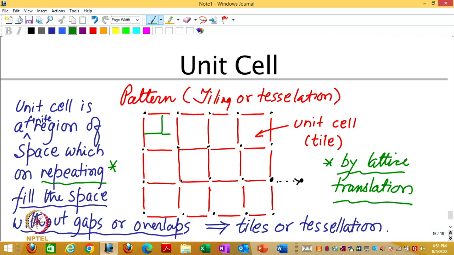Mathematically, it is a tile, it will fill the space by repetition, but then the repetition vector is a by 2. Repetition vector is a non lattice translation. So, that is why the green tile, although is a tile, but is not unit cell of my pattern. For unit cell, the repetition has to be by lattice translation.